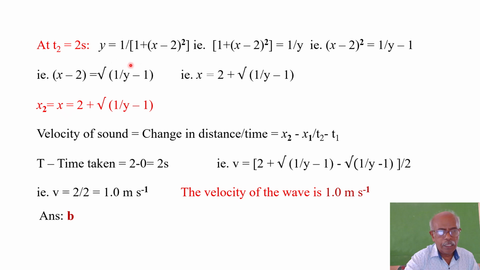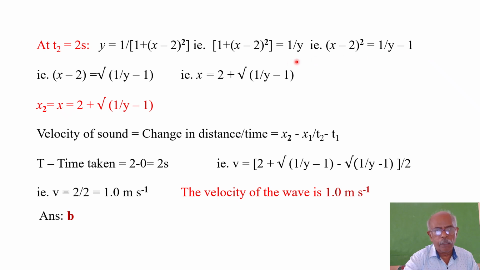So at t2, it is 2 seconds. In the question, y has been given as 1 by 1 plus (x minus 2) the whole square. As usual, you put this denominator to the left hand side, that is 1 plus (x minus 2) the whole square, and bring this y to the other side. That is 1 plus (x minus 2) the whole square is equal to 1 by y. You put this 1 to the other side. What is remaining here? (x minus 2) the whole square is equal to 1 by y minus 1.